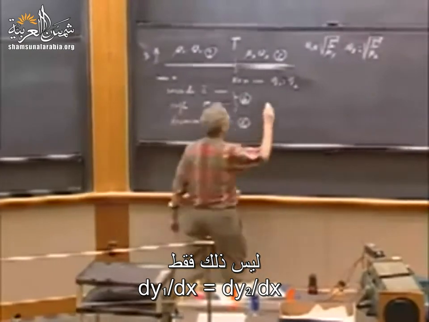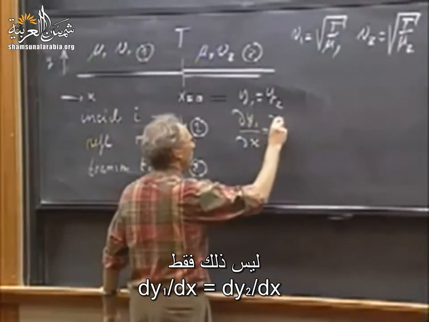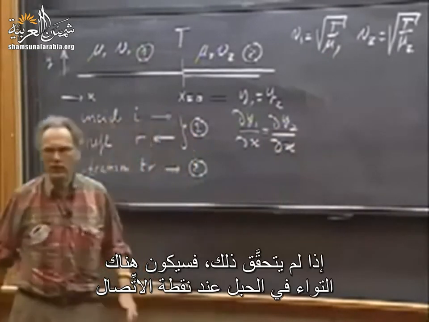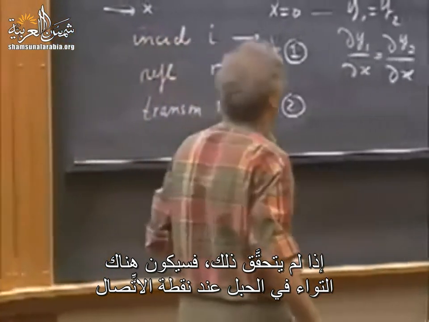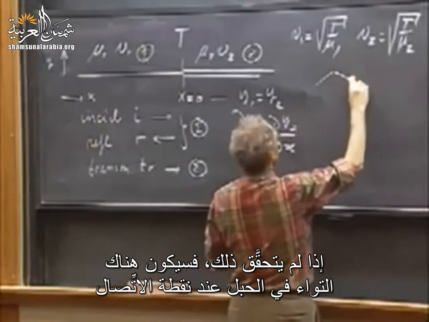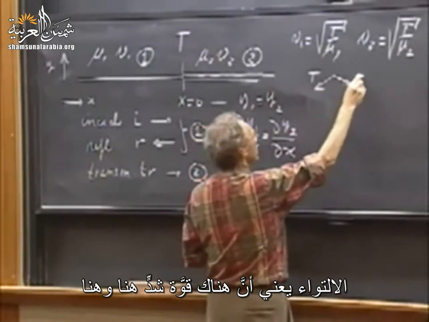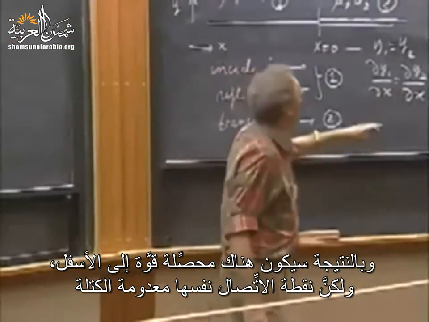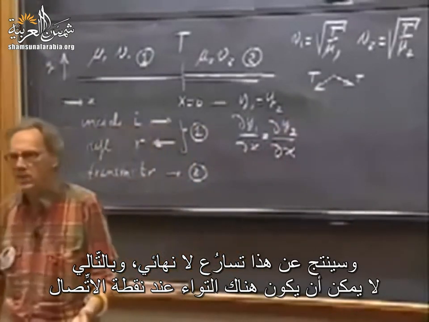But not only that, dy1/dx must also be dy2/dx. If that were not the case, there would be a kink in the rope at the junction, and a kink would mean that there is a tension here and that there is a tension here, which would give a net force down, but the junction itself has 0 mass. And so that would give an infinite acceleration.